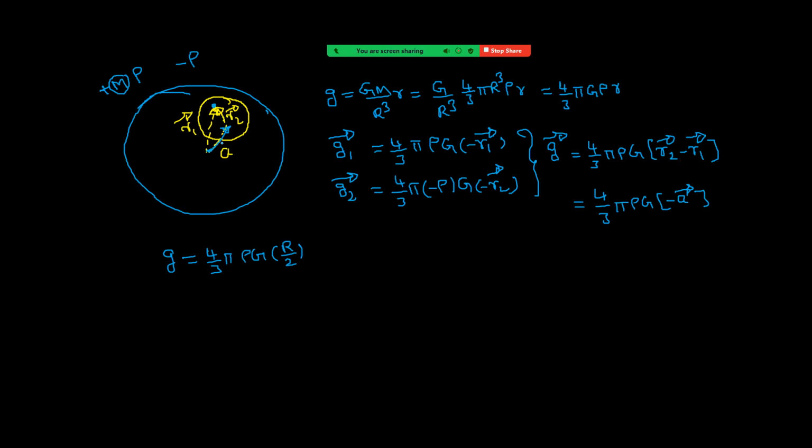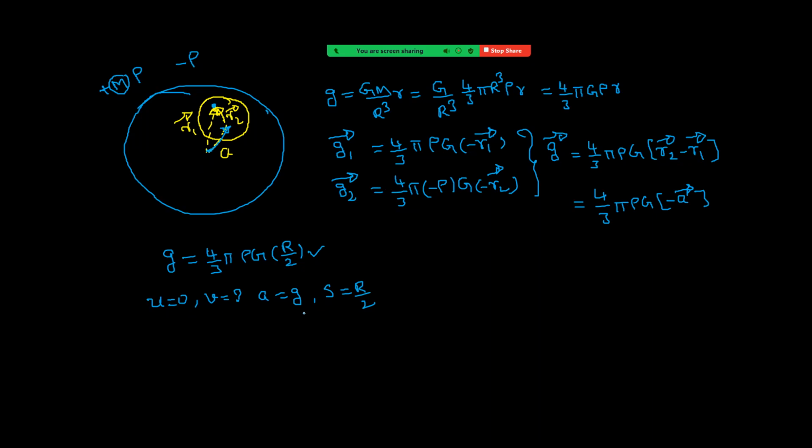And the condition is given that it is released from rest. Therefore, the initial velocity is 0. The final velocity we have to calculate. Acceleration is now g, and displacement is now R by 2, because the distance from the center of the cavity to the center of the bigger one is given as R by 2.